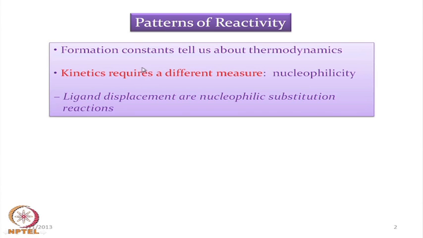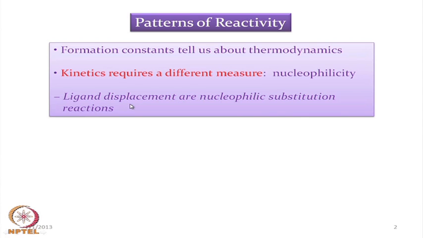But in the case of the formation rate, the kinetics for this particular reaction requires different measures, where we consider the nucleophilicity, how the ligand looks at the metal center, which is the nucleophilic center. So, the nucleophilicity is what we consider for the kinetics of the reaction.